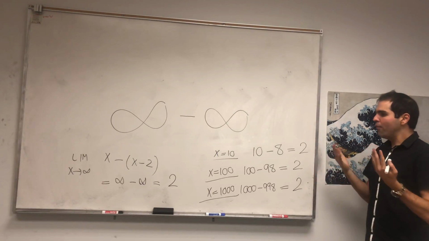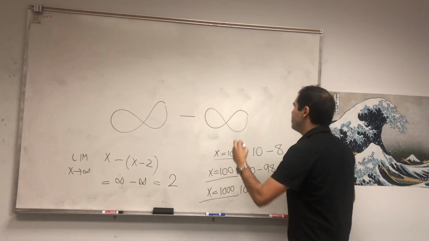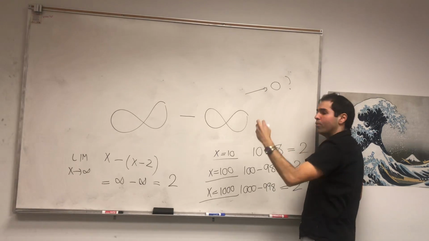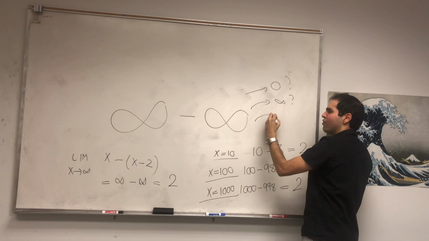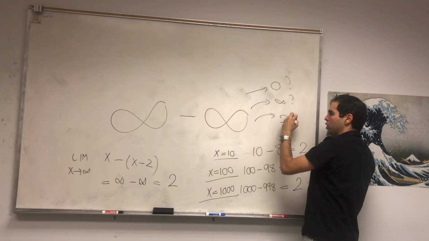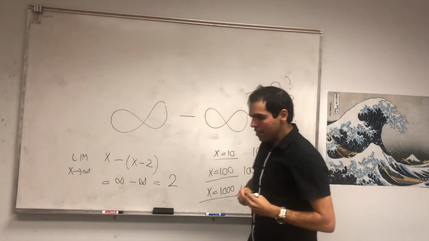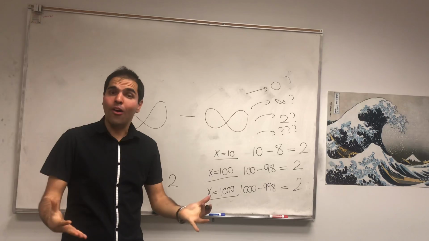So what do we have? The question is, what is the answer? What is infinity minus infinity? Is it 0, what you probably suspected? Is it infinity, in the first example? Or is it 2? Or could it be something else? In fact, the answer is we don't know.